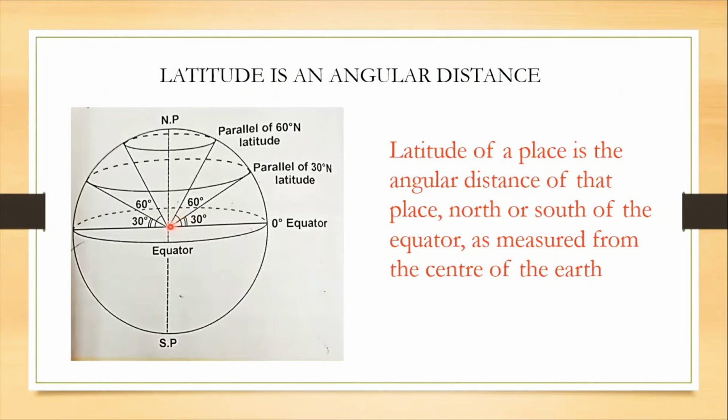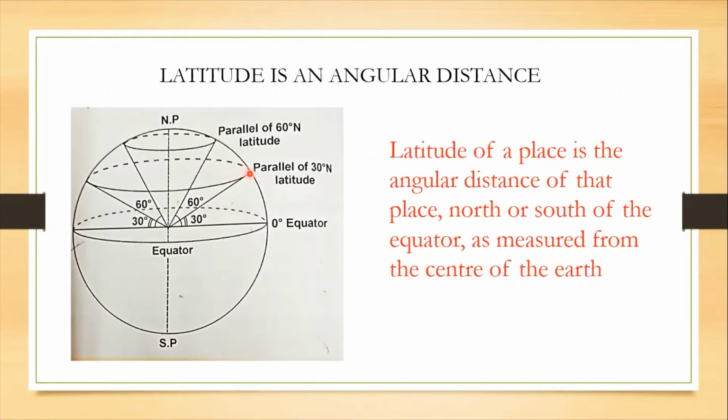Center of the earth you can see here, and this latitude makes a 30 degree angle. This latitude makes a 60 degree angle from the center of the earth. Now, this angle is the latitude of this line and this 30 degree is the latitude of this line.